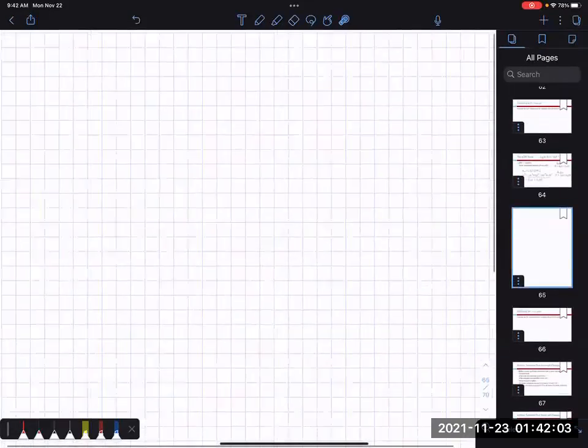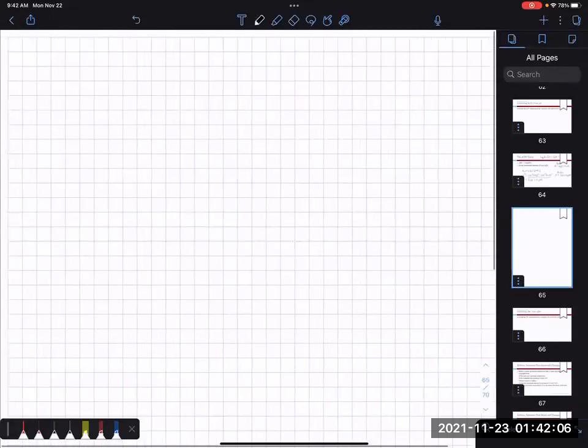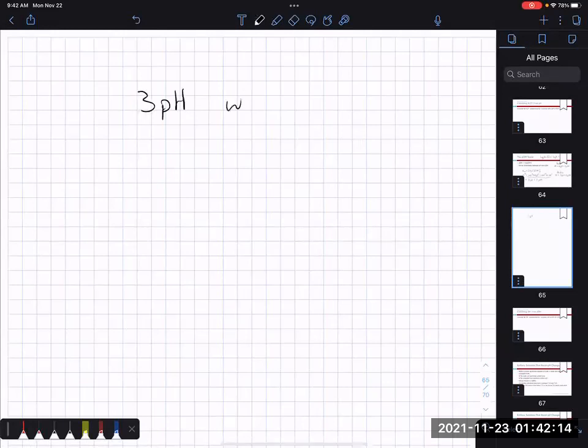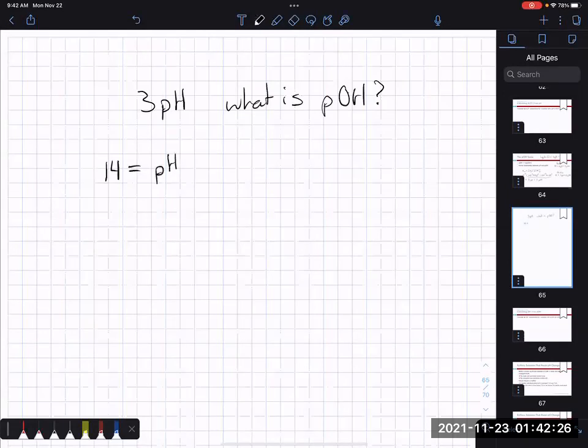Okay. So let's say we have a solution that is pH 3. What is pOH? So the key to this one, again, is that pH plus pOH equals 14. So we can say 14 equals our pH 3 plus our pOH.